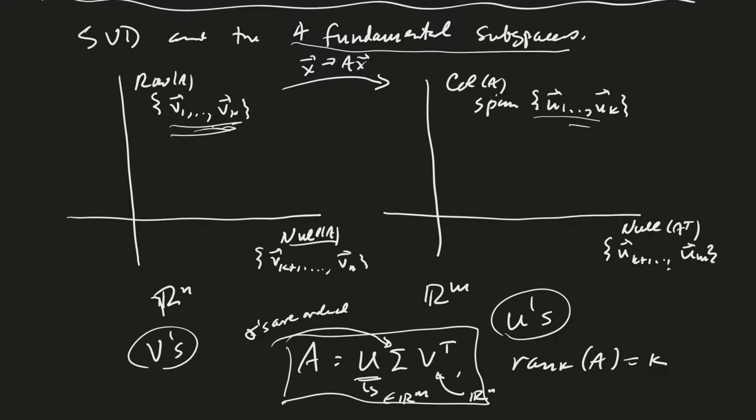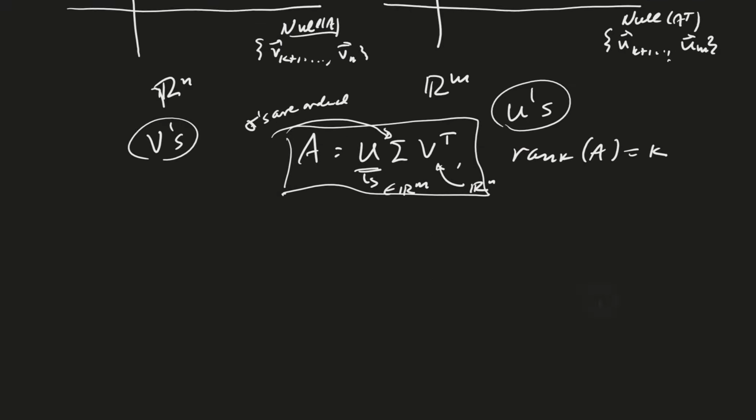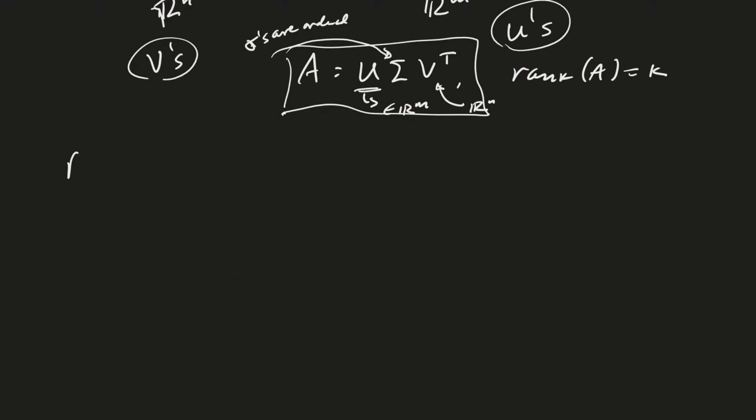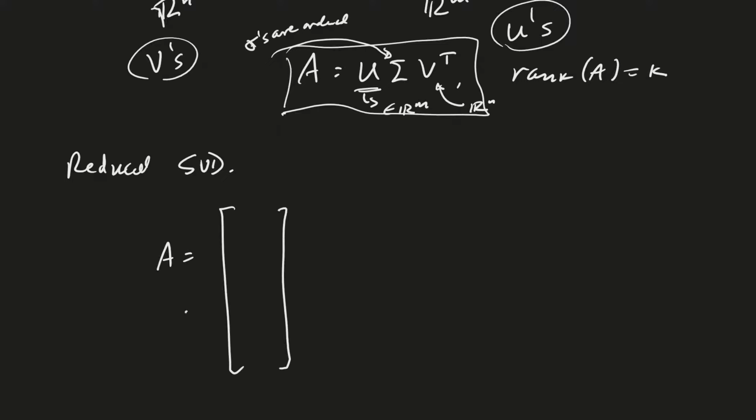Now, why would this be? Oh, by the way, there is something else I might mention, the reduced SVD. So for example, suppose that A is like 5,000 by 3.